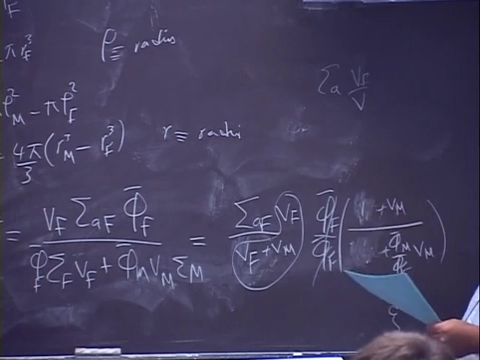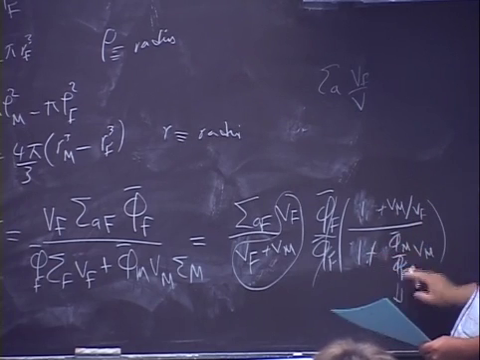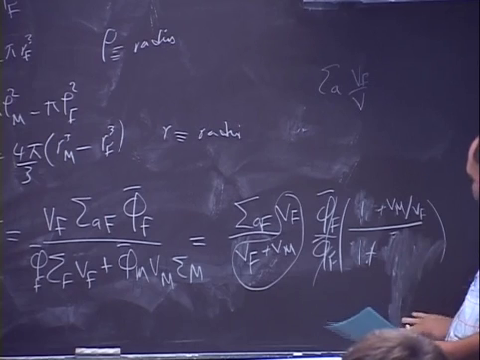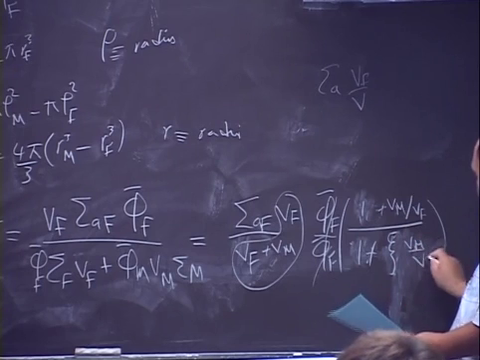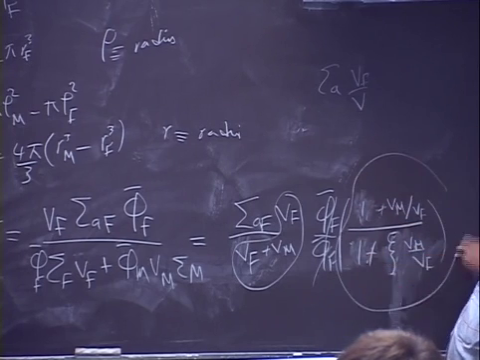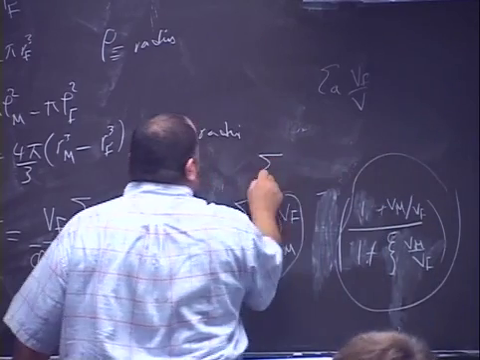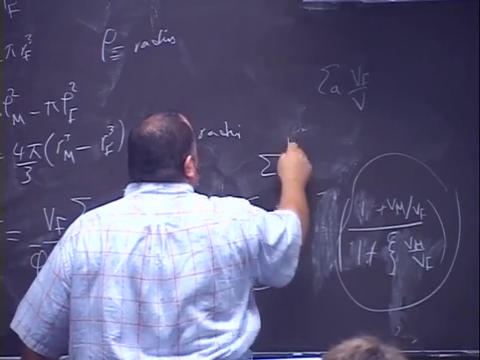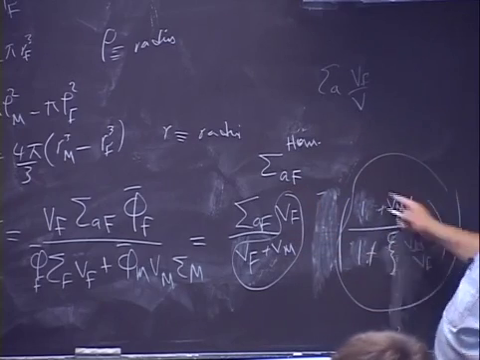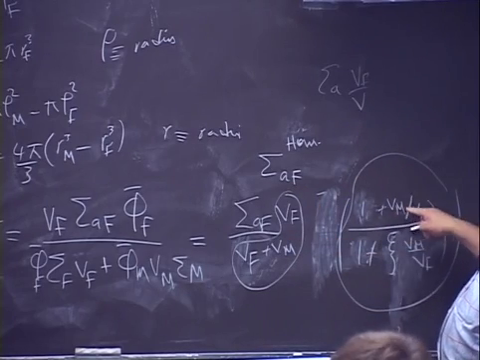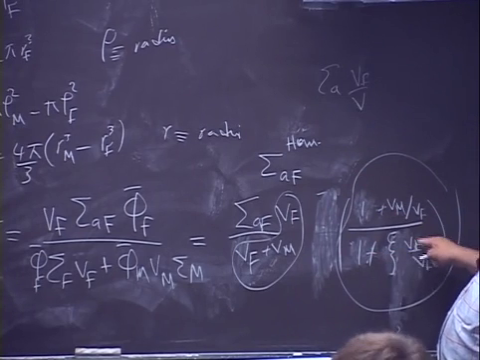This will give me 1, and this will be V moderator over V fuel divided by 1 plus the thermal disadvantage factor multiplied by V moderator over V fuel. So this is the correct way to do it. The correct way is to say it is sigma absorption in the fuel for the case of homogenization using just the fuel volume ratio, multiplied by this factor, 1 plus V moderator over V fuel over 1 plus the thermal disadvantage factor multiplied by Vm over V fuel.